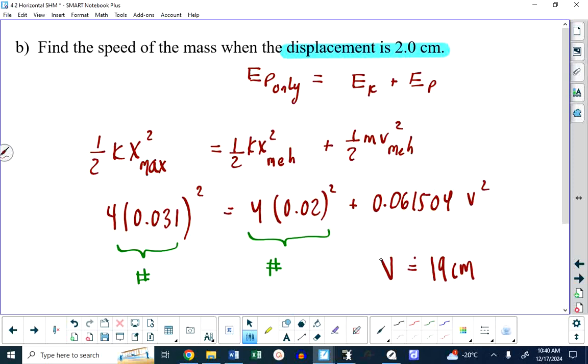So that would be a really good question, if I just gave you that information and said, when the displacement is 2 centimeters, how fast is it moving? And you would develop this, and then you would start going through and going, well, I know the maximum displacement. I know the spring constant. I know the displacement here. Oh, I don't know the mass. So then you would equate the two extremes with each other so you could find the mass.